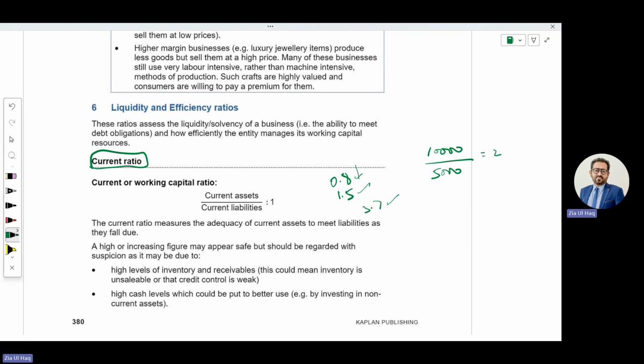It means the company is managing its short-term cash flow in a better way. But suppose current liabilities are more than current assets, it will be below 1, in 0.something. This means current liabilities are more than current assets. This means the company is struggling to manage its short-term cash flow.